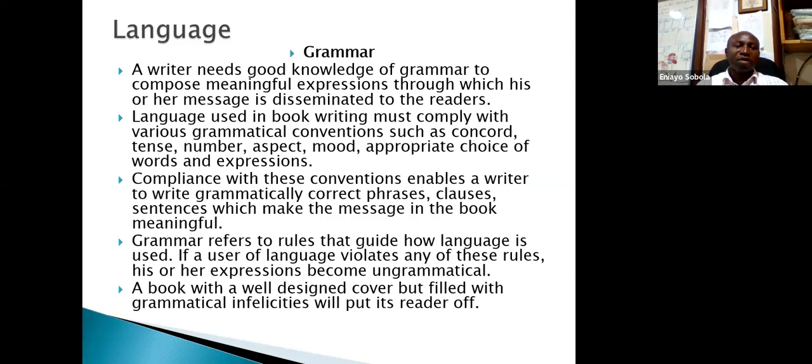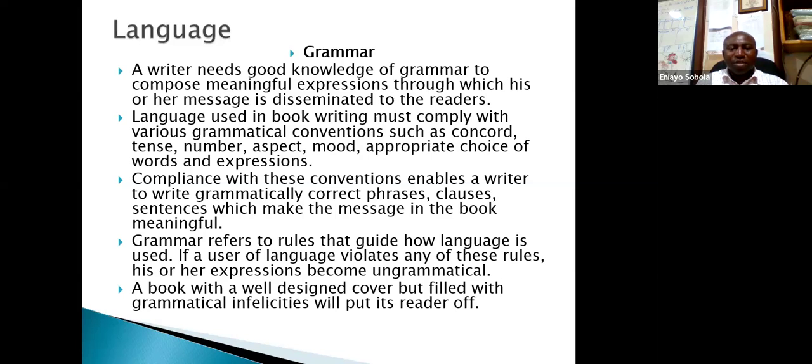So, the writing must comply with various grammatical conventions. And once the writer is able to comply with these conventions, the writer will be able to construct correct phrases, clauses, and sentences, which will present the message in a book with clarity.